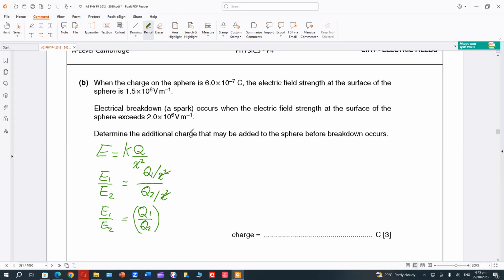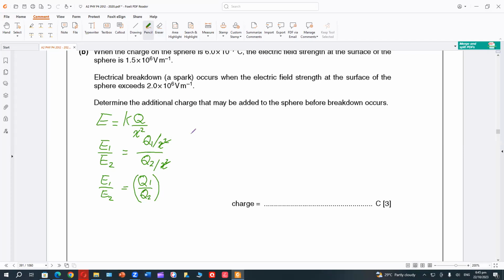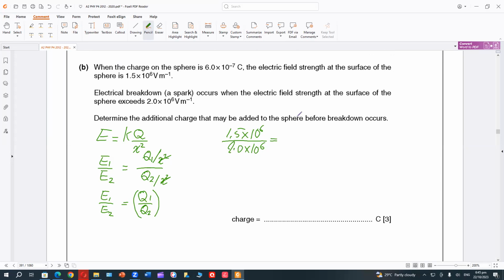We have the first electric field strength value, 1.5 into 10 power 6, upon 2.0 into 10 to the power 6. And the first charge was 6 into 10 to the power minus 7, upon, I don't know the value of Q2. So you can now help me to find this value.